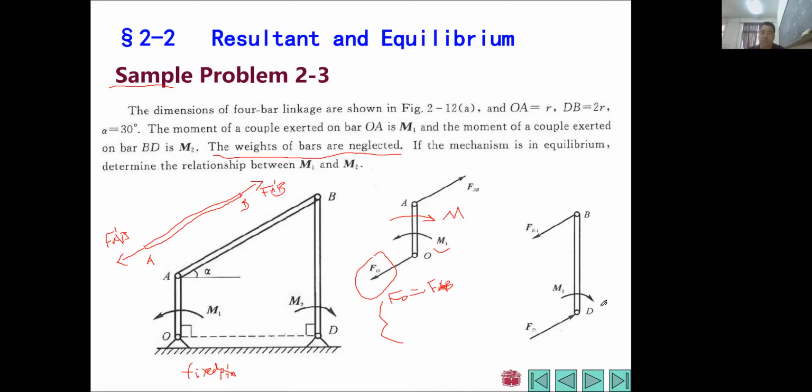For the same reason we have the same results, because this BD is also in the condition of balance. It has M2 exerted along the clockwise direction here. So we have this FBA. Actually, it is a pair of action and reaction forces from this one to this one, right? So that means this D is another fixed pin, but FD also should be along this direction.